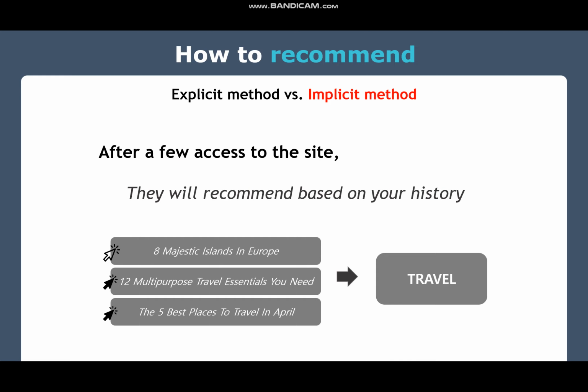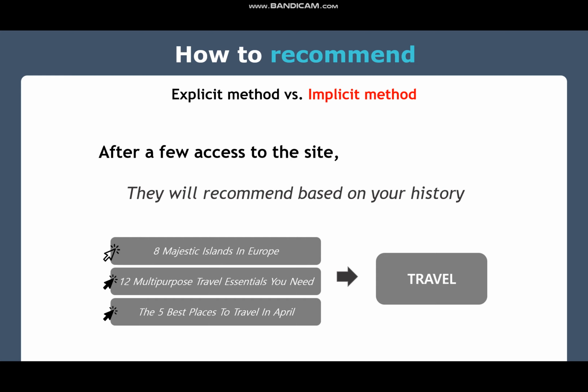For this example, if the user clicked the news like 8 majestic islands in Europe, 12 multi-purpose travel essentials you need, the 5 best places to travel in April, all of them are travel category. So with this history, we could know the user's preference. Also, we could know which author they like or which headline they like.